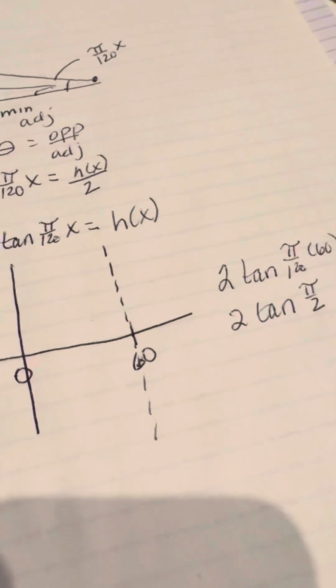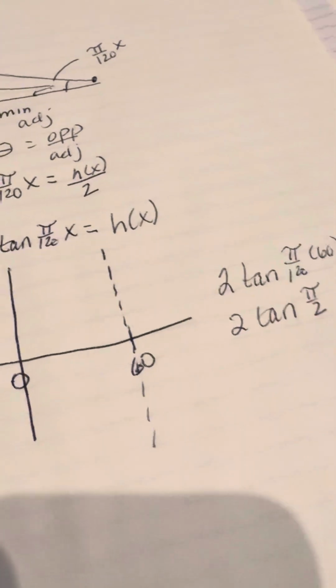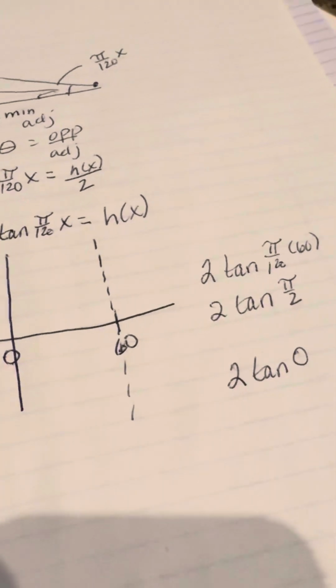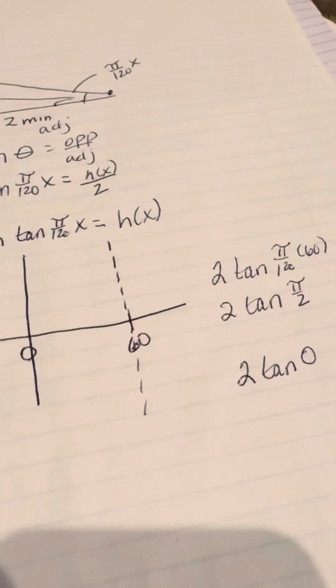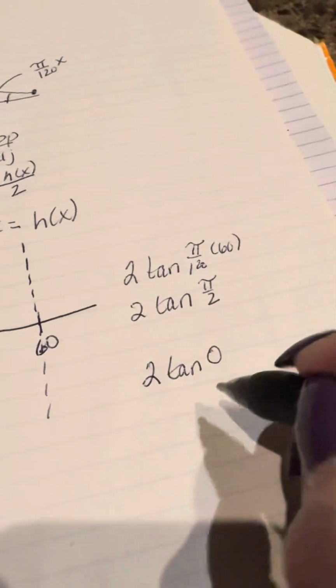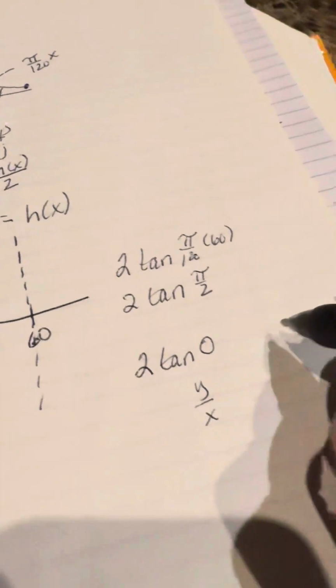And then if this was 0, when we plug in 0 there, we would have 2 times the tangent of 0. The tangent of 0 means go to 0 on the unit circle, look for the x and y value, which would be 1 comma 0.